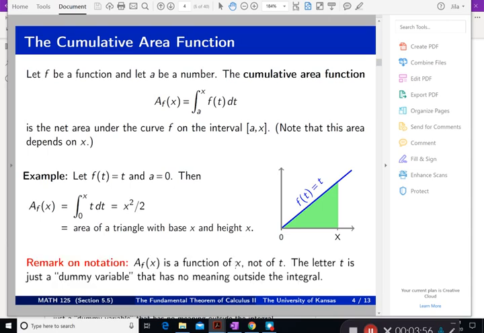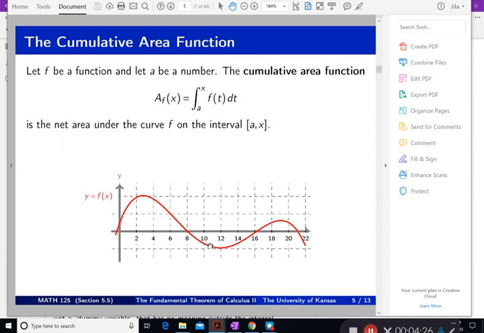On the notation, again, t inside is the dummy variable that has no meaning outside the integral. When you integrate, imagine you're replacing t with either x or a, and so in either case t is going to go away.